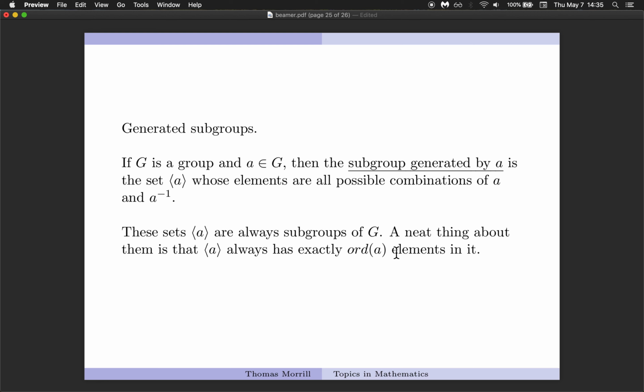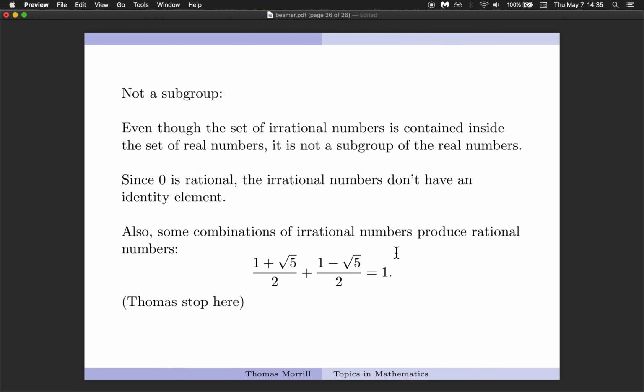Let me finally close this lecture with an example of a set that is not a subgroup. So we've seen an example of subgroups in the integers. We've seen examples of subgroups generated by particular elements.